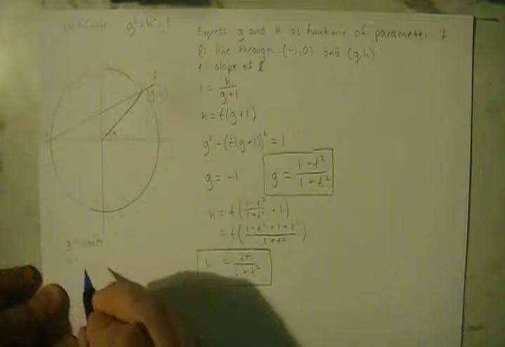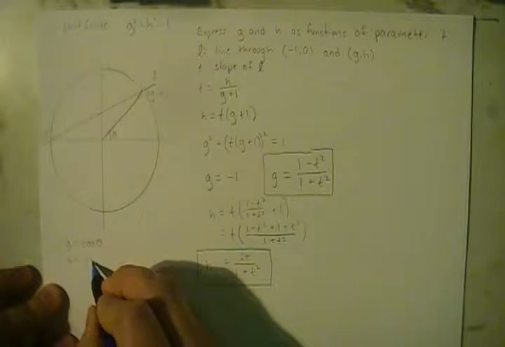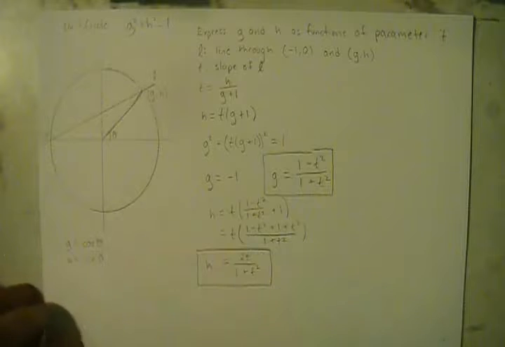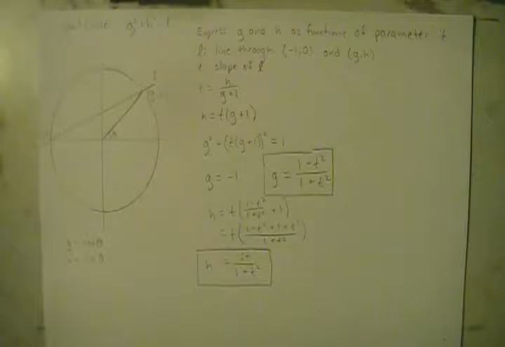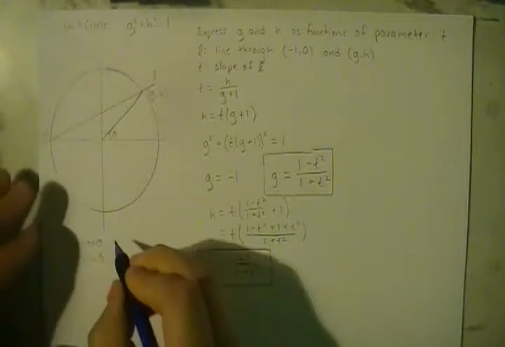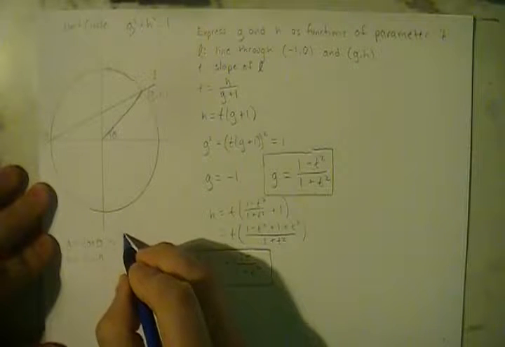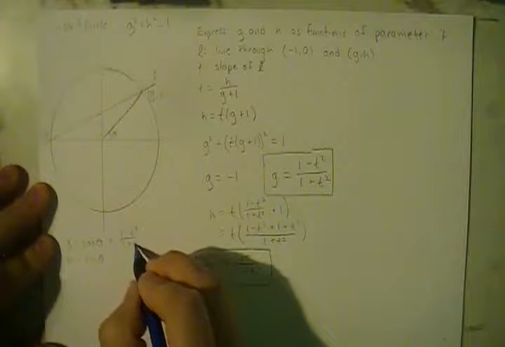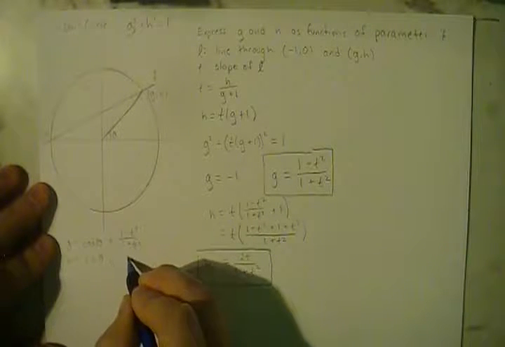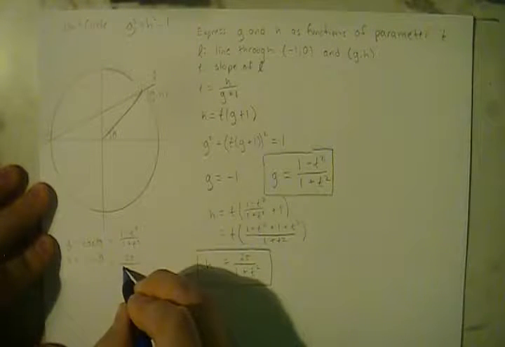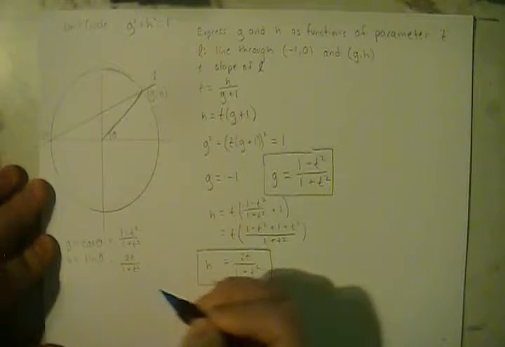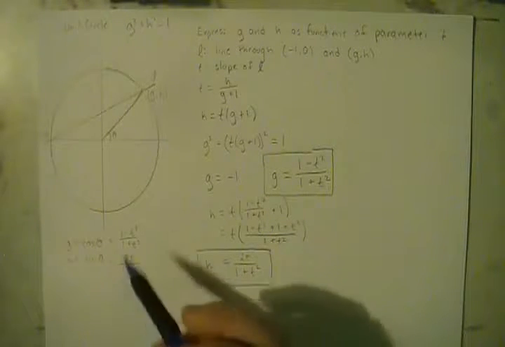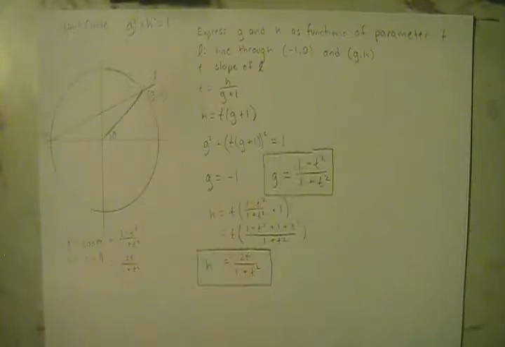And then we have h is the sine of theta. Or in other words, cosine theta can be expressed by this parametric equation, 1 minus t squared divided by 1 plus t squared. And sine of theta can be expressed as 2t divided by 1 plus t squared. T being the slope of the line L.